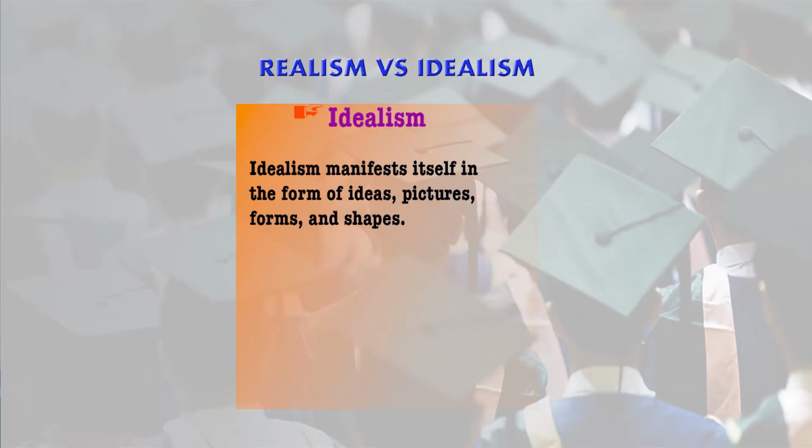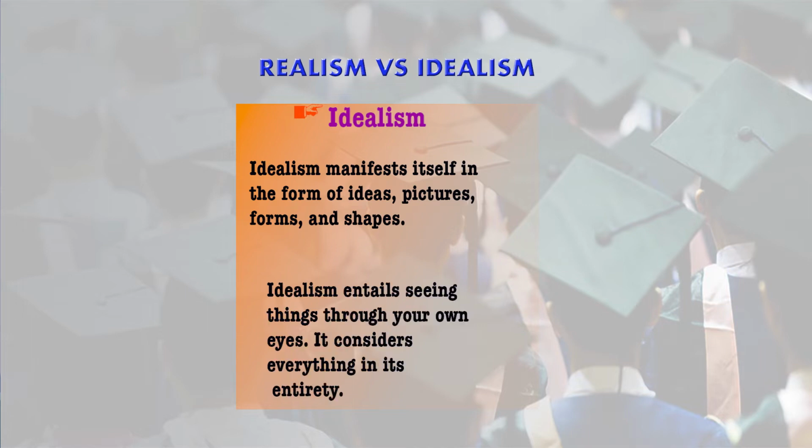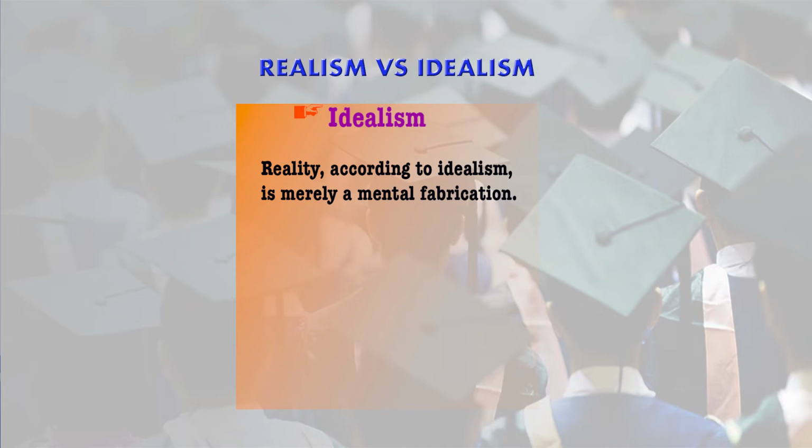So this is important. Now idealism manifests itself in the form of idea, picture, form, shapes. Idealism entails seeing through your own eyes. But how? It considers everything in its eternity, reality. According to idealism, it is merely a mental fabrication.